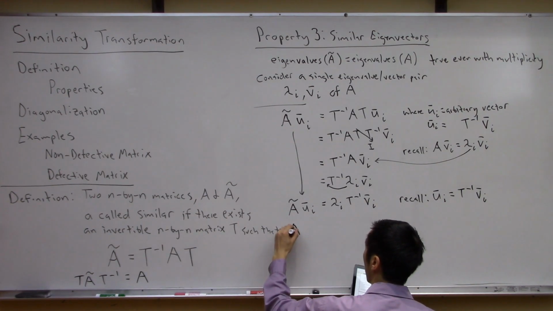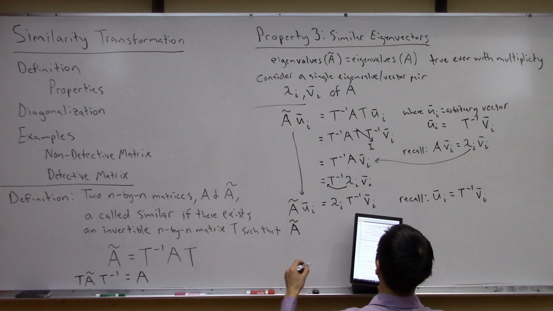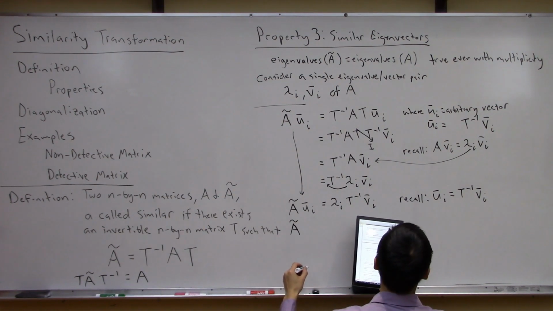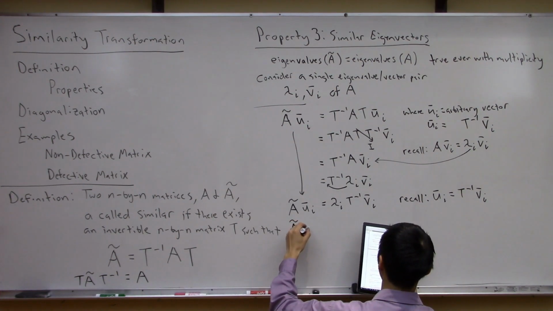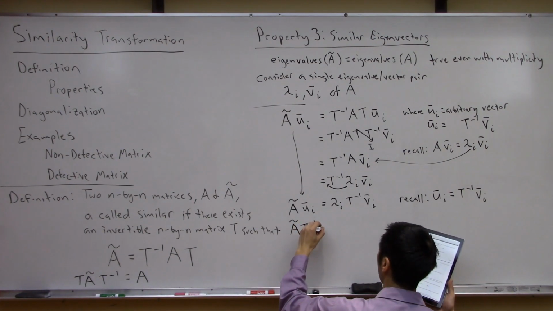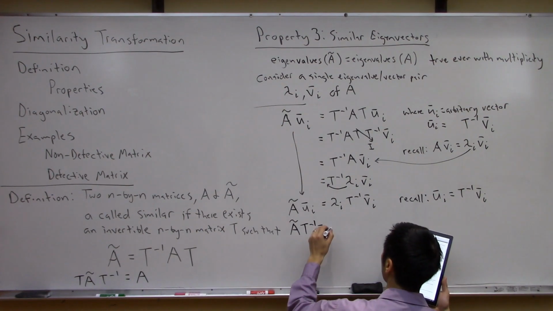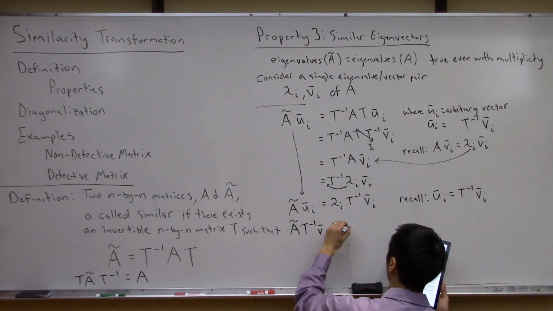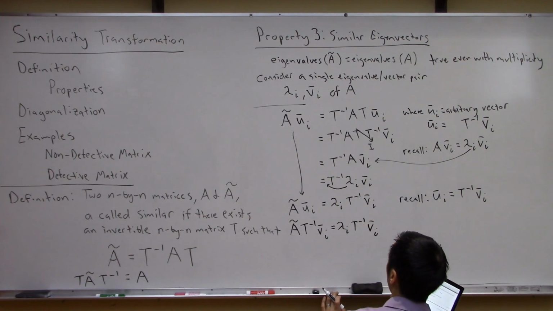So we end up with A tilde T inverse VI is equal to lambda I T inverse VI, right?